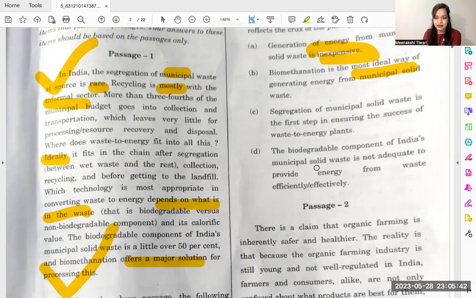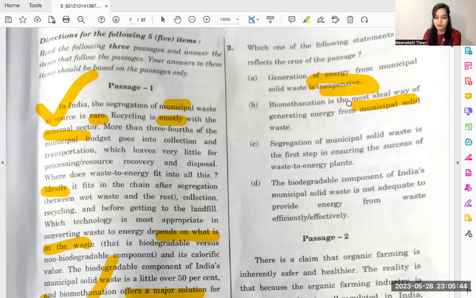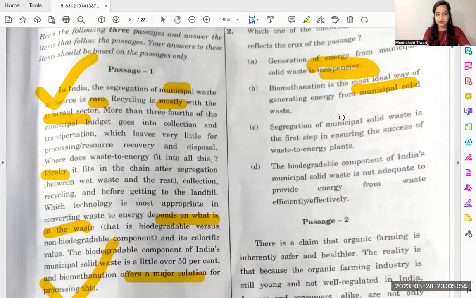Does it match with the most ideal way of generating energy? It's a good way. It's a very good way. But do we also have a little more context here? We have the context which says, which technology is most appropriate in converting waste to energy depends on the nature of waste. What is the waste? Biodegradable, non-biodegradable, degradable.